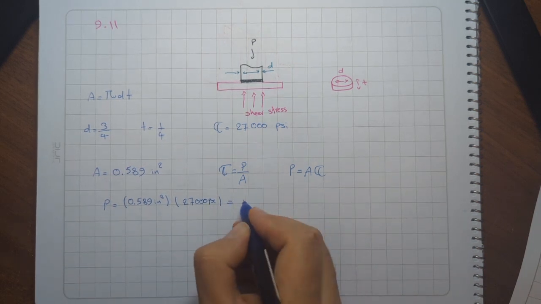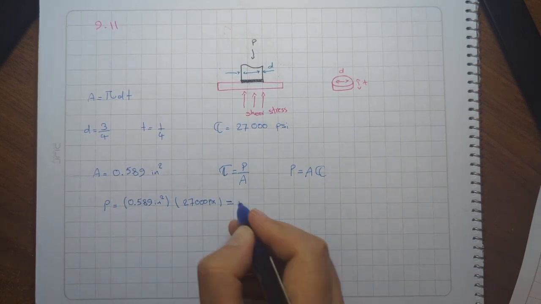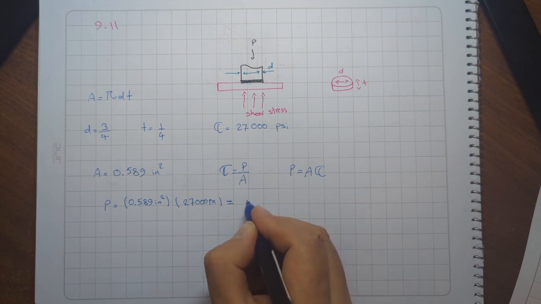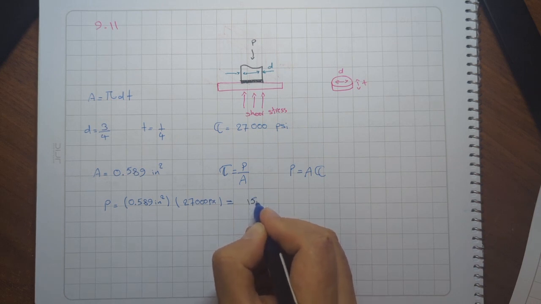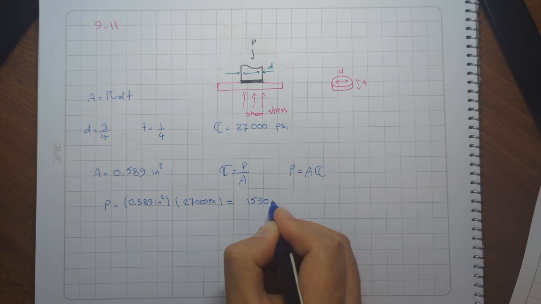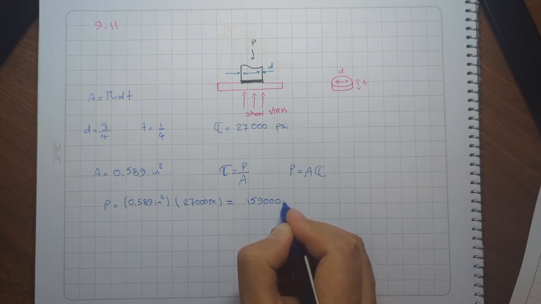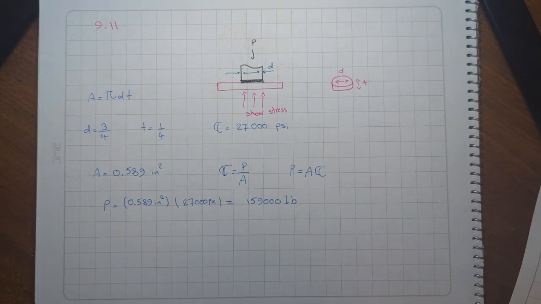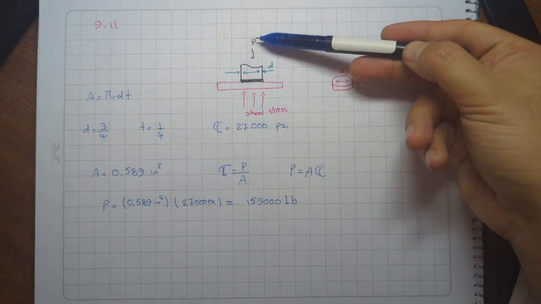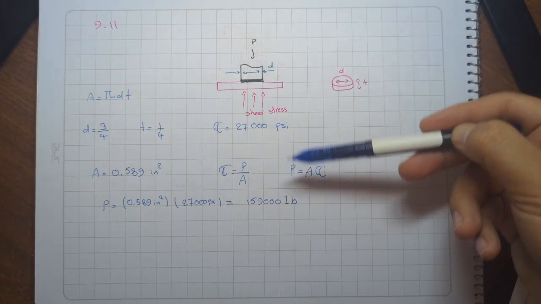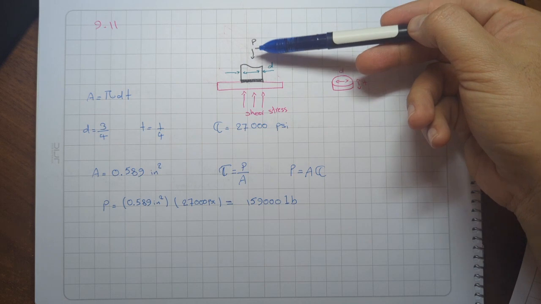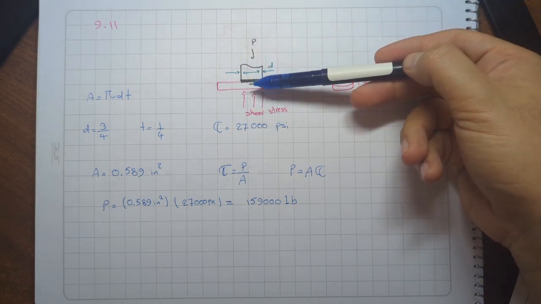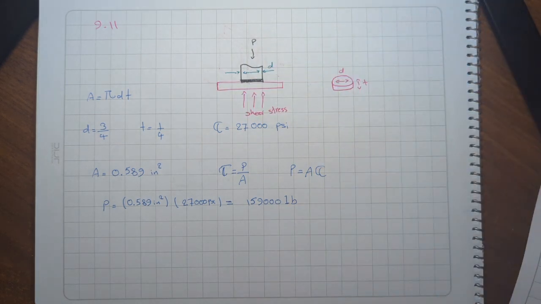So if we just multiply these two numbers, the answer is 15,900 pounds. So it means that we need 15,900 pound force for this punch to pierce this plate.